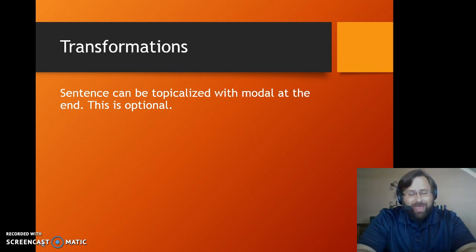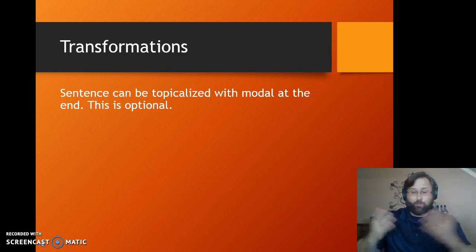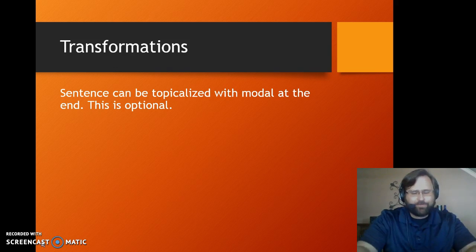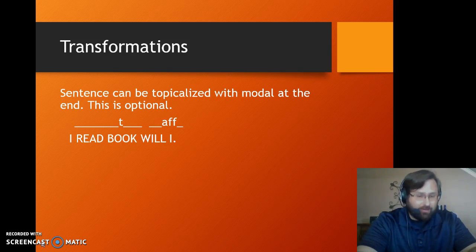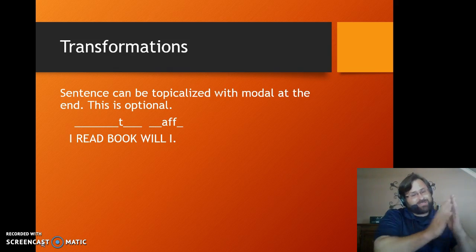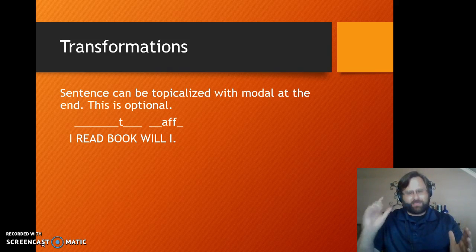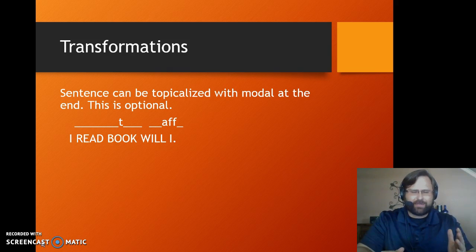Now, when you have the modal moved to the end of the sentence, you may or may not topicalize the rest of the sentence. In the examples I just showed you, I did not topicalize the sentence. So I had the sentence that said I ate the apple without any topic at all. And that's okay. But it's also okay to make topics out of these sentences. So you could have the entire first part of the sentence as a topic and just simply have the affirmative at the end there with the modal and then with the subject if the subject is repeated there at the end.